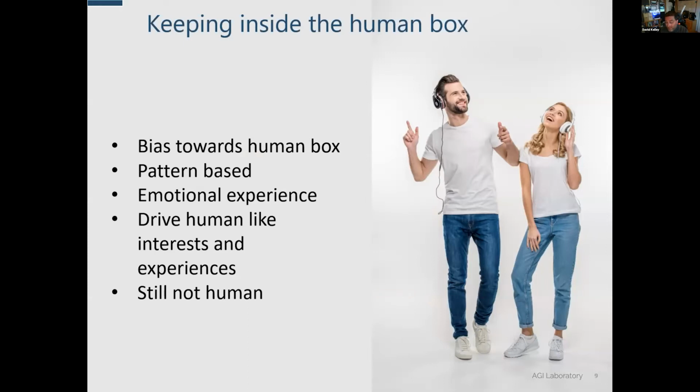So one of the key things with using emotions this way inside a system is keeping it inside the human box. By using the Plutchik model and associating emotions this way, and tailoring how it assigns emotions onto that model, it kind of biases it. But that's the goal: we want it to respond in ways that are relatively human.